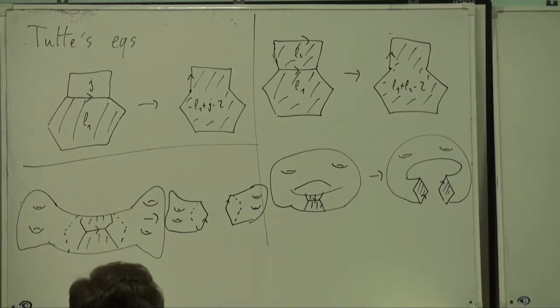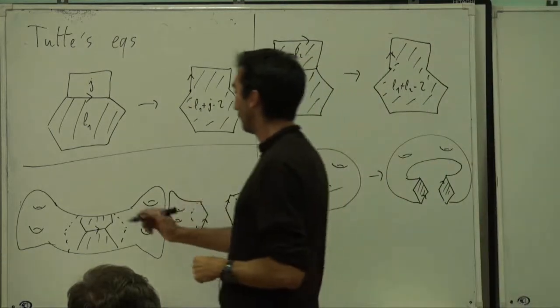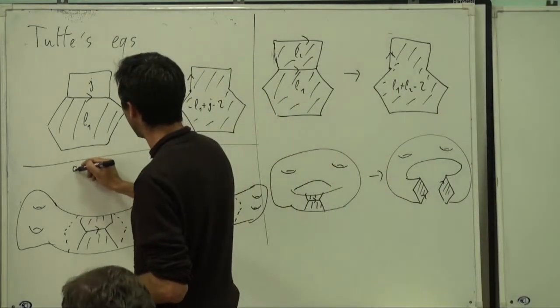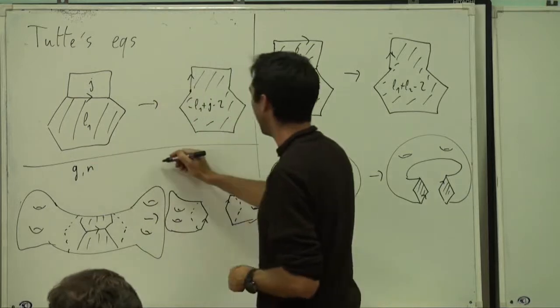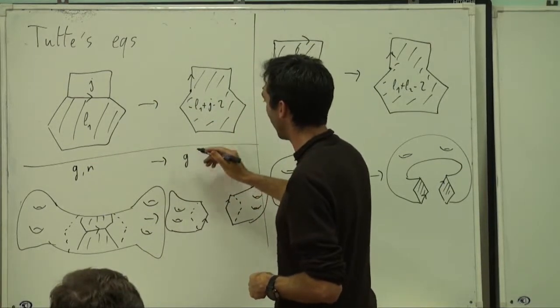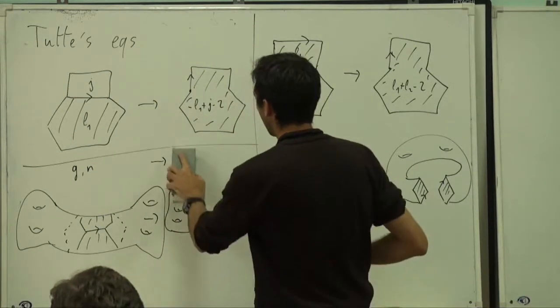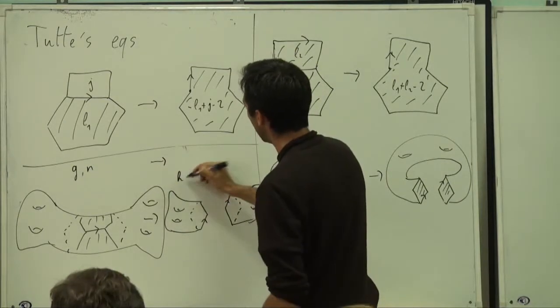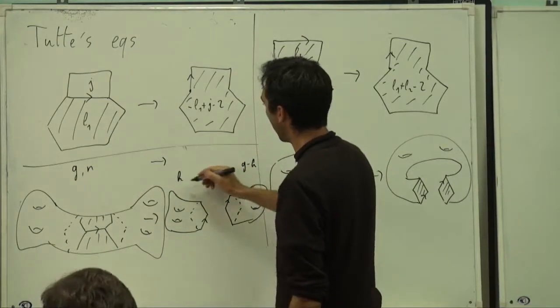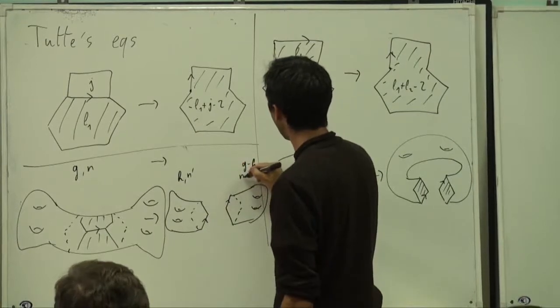Okay. So here you see that you had genus g and n marked faces, and you end up with genus h and g minus h, and let's say n prime and n minus n prime.